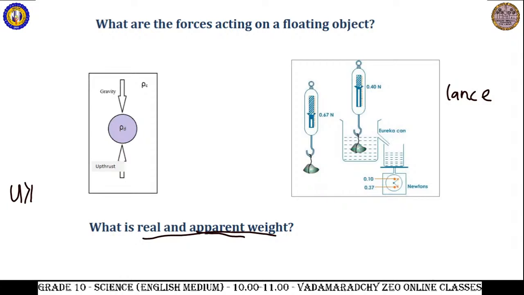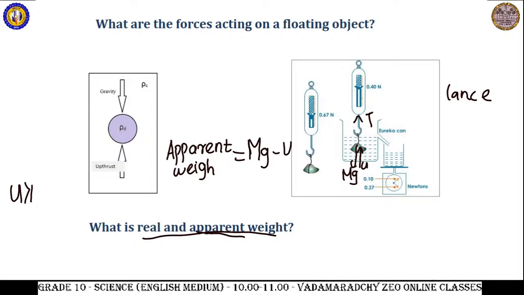From this we can say the apparent weight is equal to the weight of the object minus the upward force exerted, that is upthrust.